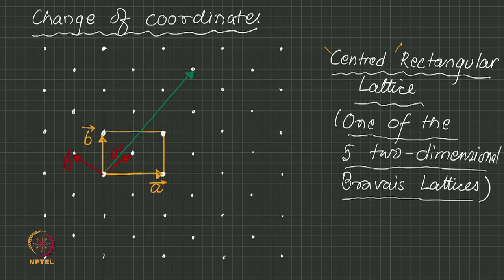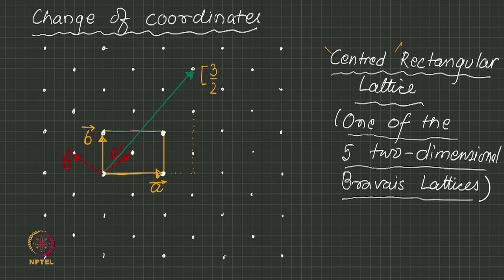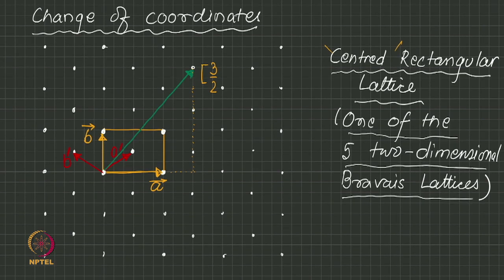So, 3 by 2, and for b, 1b, 2b and half b. So, 2 and a half. So, 3 by 2, 5 by 2.